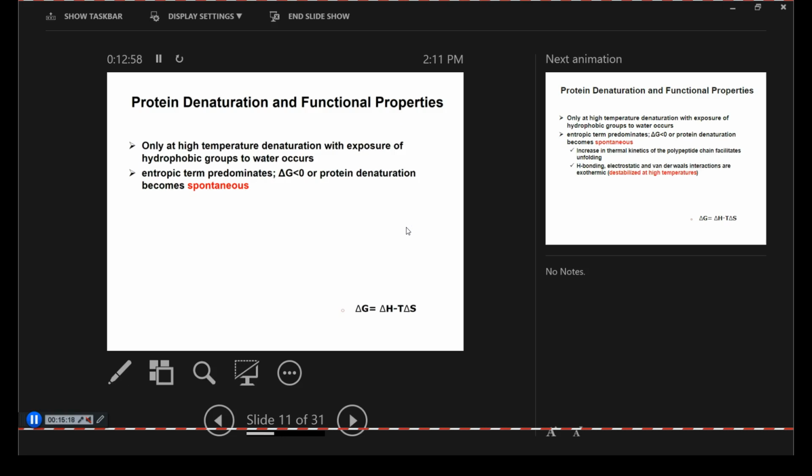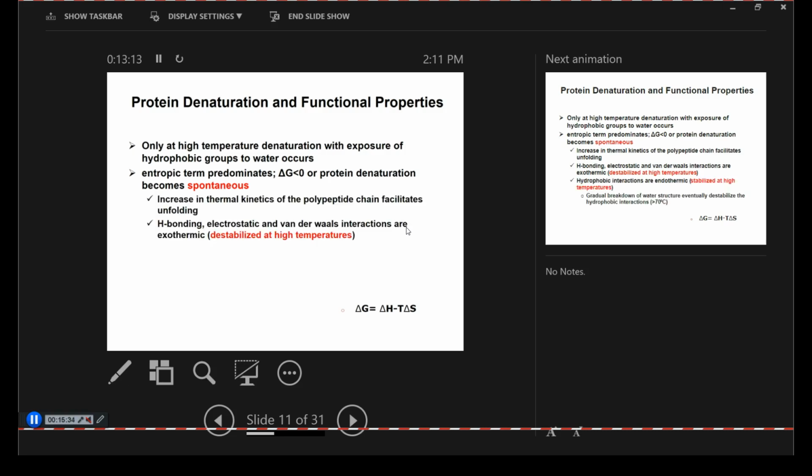So at high temperature, denaturation occurs with exposure of hydrophobic groups to water. In this case, delta G is negative and denaturation is spontaneous. At higher temperature, we have higher thermal kinetics within the polypeptides that facilitates unfolding. The bonding that stabilizes secondary and tertiary structure, such as hydrogen bonding, electrostatic and van der Waals, is exothermic.